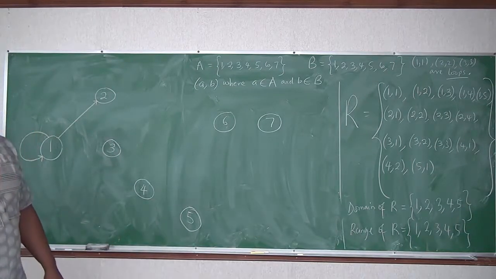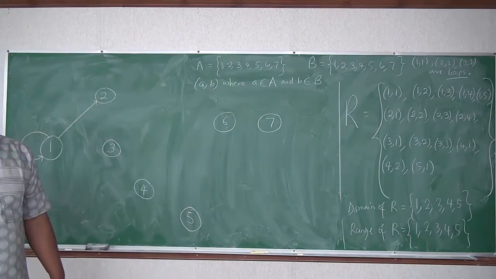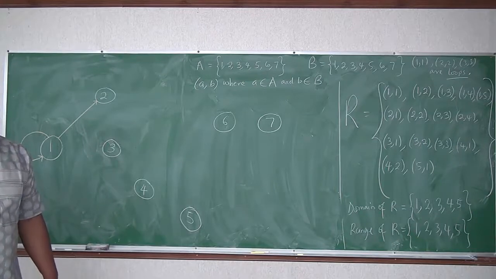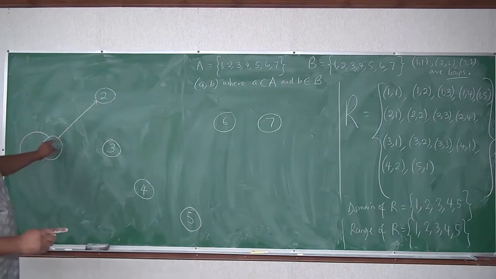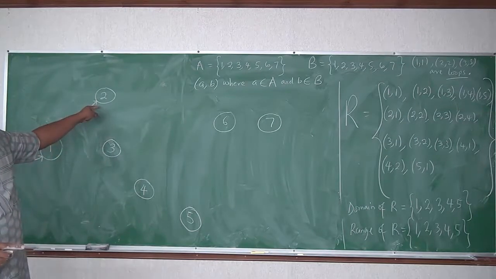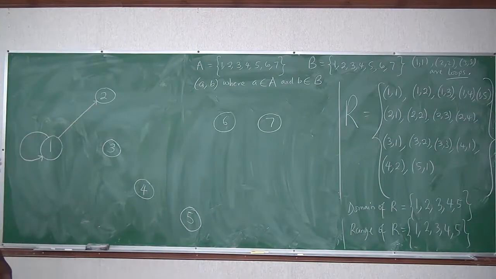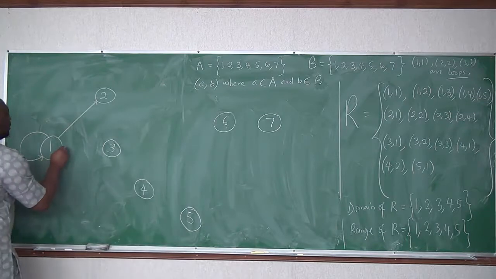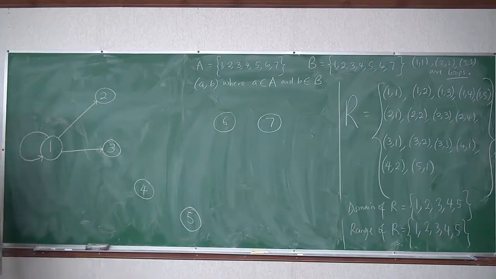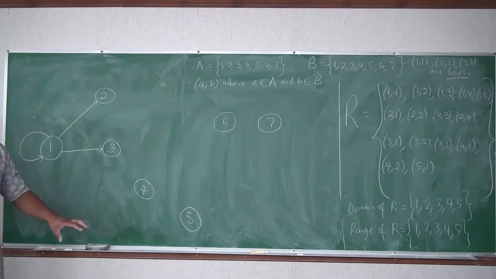Now with 1, 2, 1 is the initial vertex of the edge, and 2 is the terminal vertex of the edge. So it starts from 1 and ends at 2. 1, 3, it starts from 1 and ends at 3. 1 is the initial vertex of that edge, and 3 is the terminal vertex of the edge.